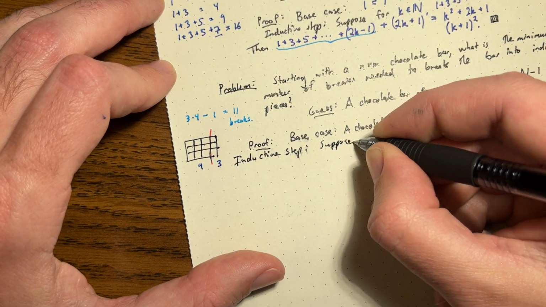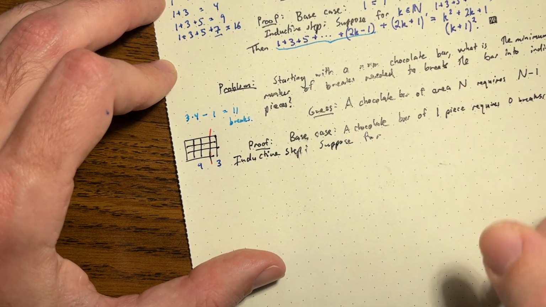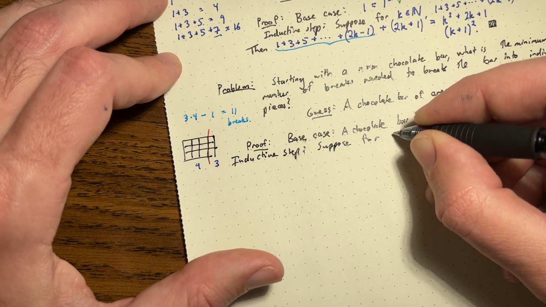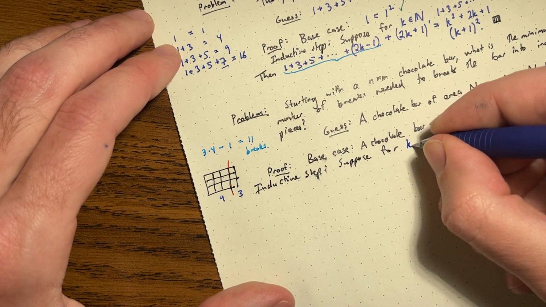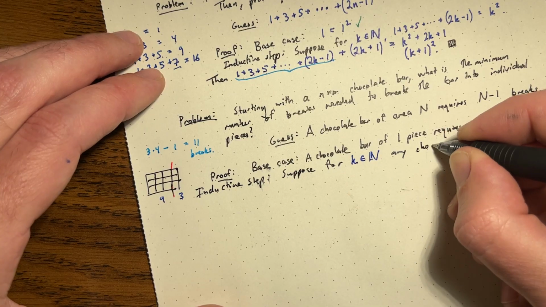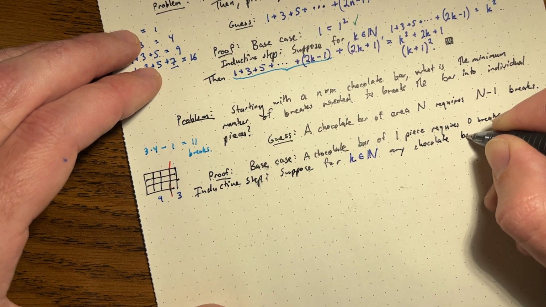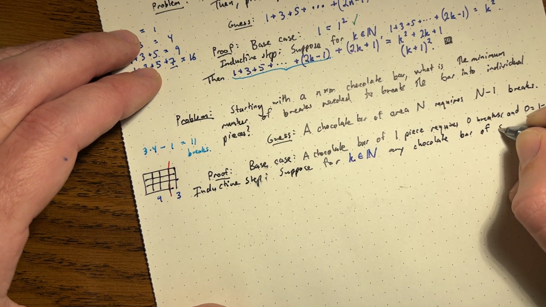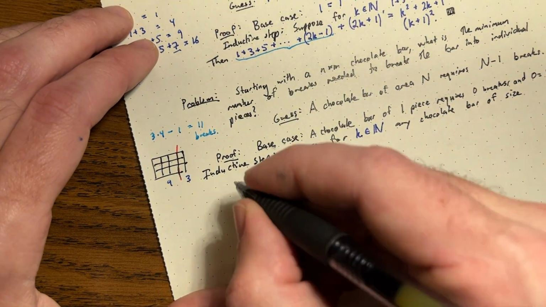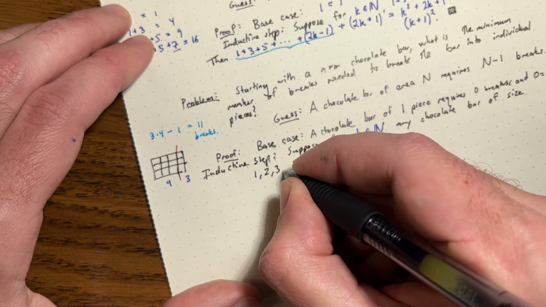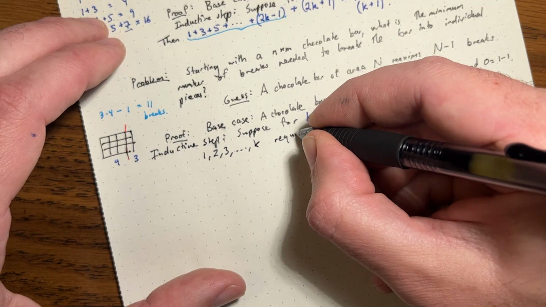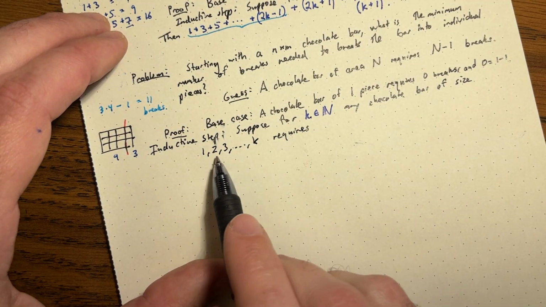So we're going to assume in our inductive step that, suppose for some k in the natural numbers, any chocolate bar of size anything up to k, so 1, 2, 3 up to k, so strong induction, requires one fewer break than the number of pieces, right?